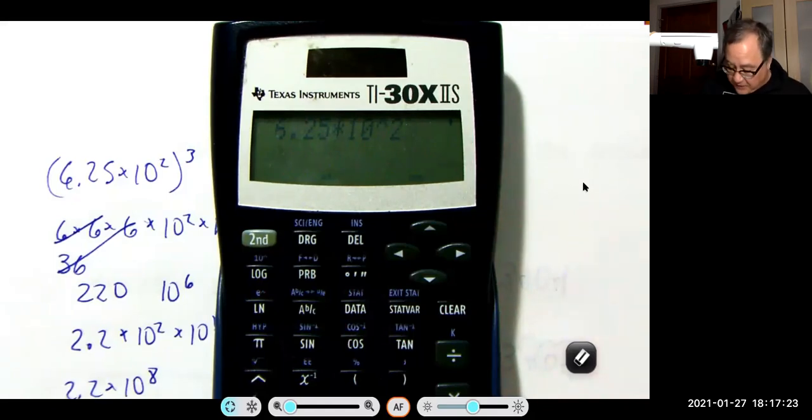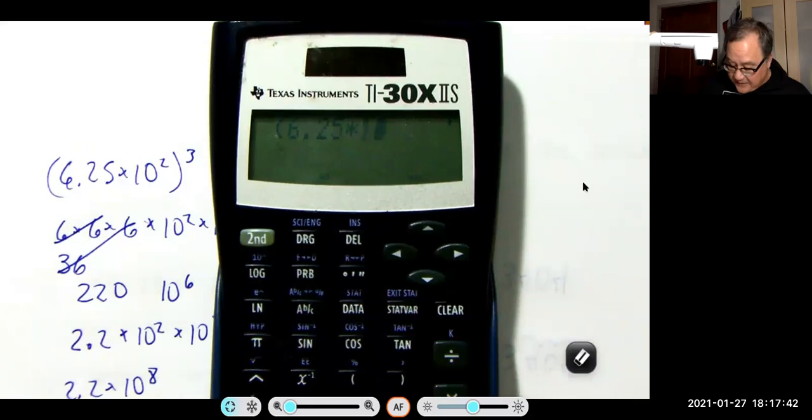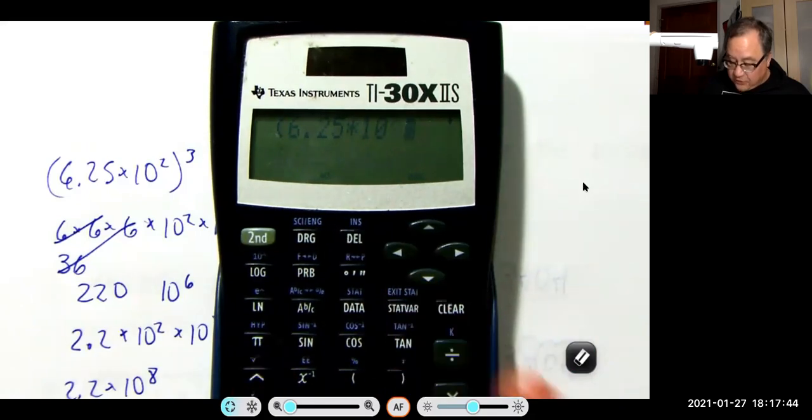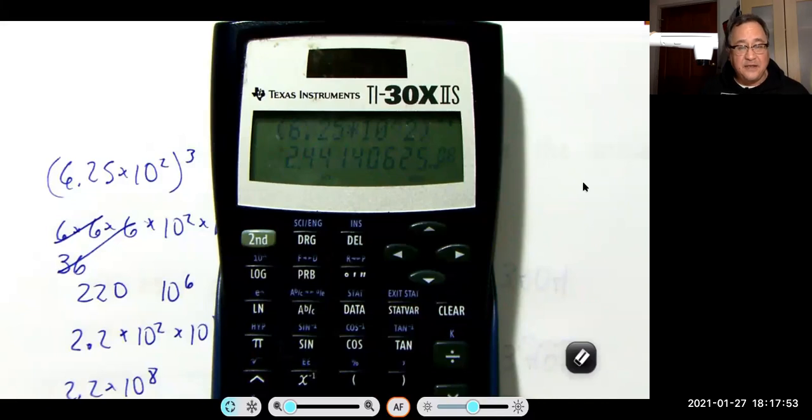So I'm going to go ahead and put caret cube, and let's see what happens. We get 6.25 times 10 to the 6. So something's not right about this. To make this work, I actually have to use parentheses, 6.25 times 10 caret 2, end parentheses. Now I can use caret 3, and I get 2.44 times 10 to the 8th.